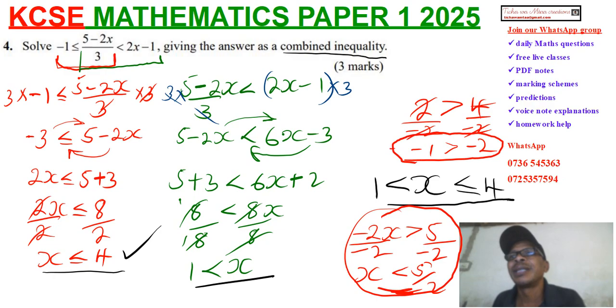Minus 1 is not greater than 2. So what we do is we reverse the sign, and that is why it's very important to note when you are working out questions involving inequalities.